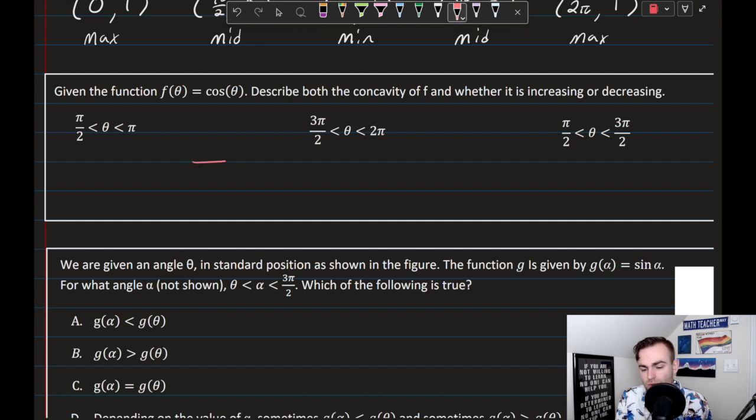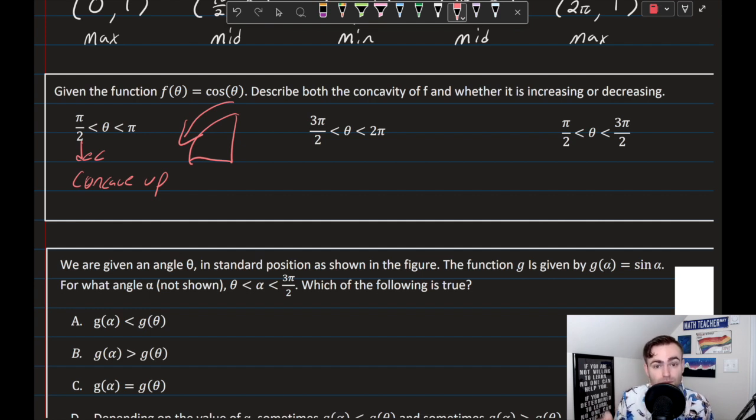If I draw quadrant 2 and I'm going this way, what's happening to my x values? My x values are going lower, so we are decreasing. But if I look at the concavity, if I tilt my head to the side, it would be concave up, because it's on the left side of the circle.